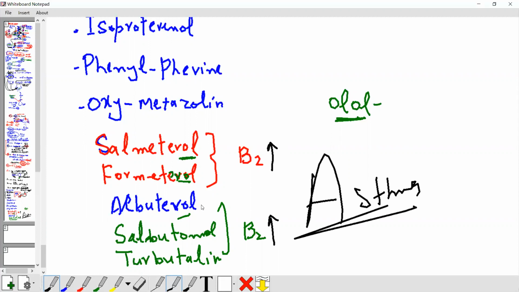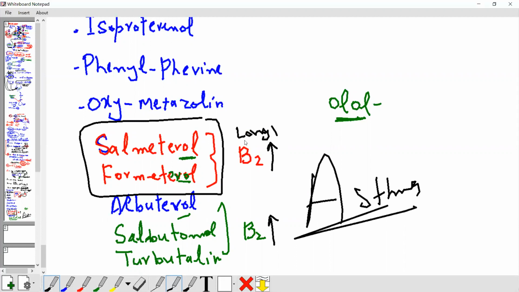Very easy to understand. Some of these are long acting. Just one puff at night or early in the morning, and the whole day there is no attack of asthma. For quick relief, we need short acting: terbutaline, salbutamol, albuterol. Okay, these are short acting. Clear?